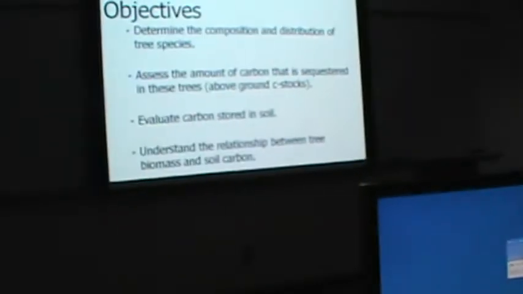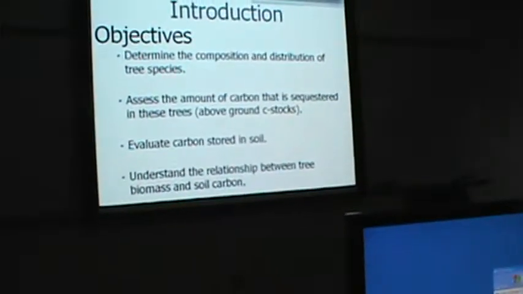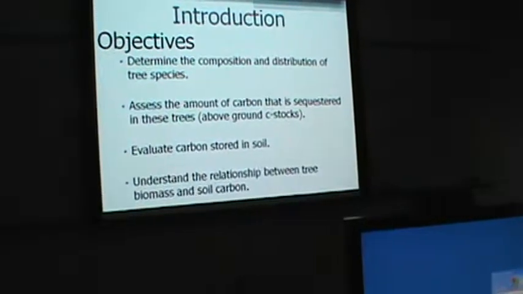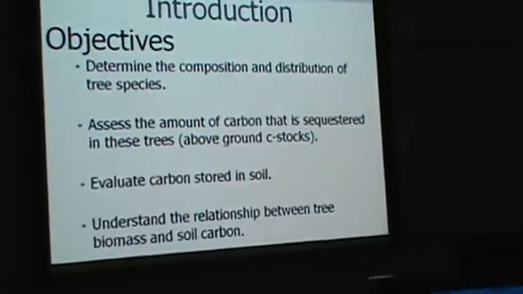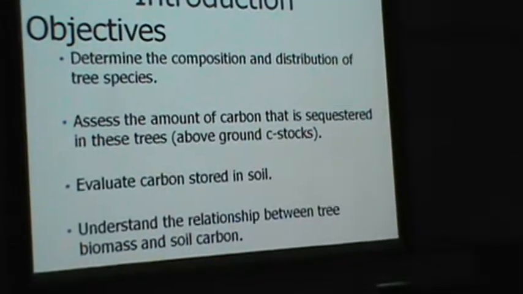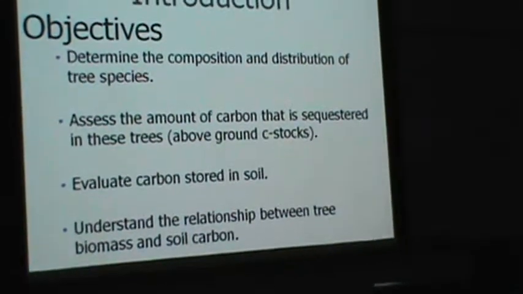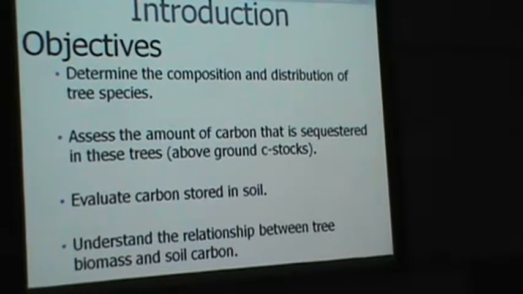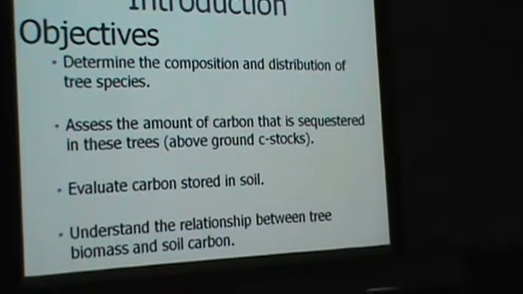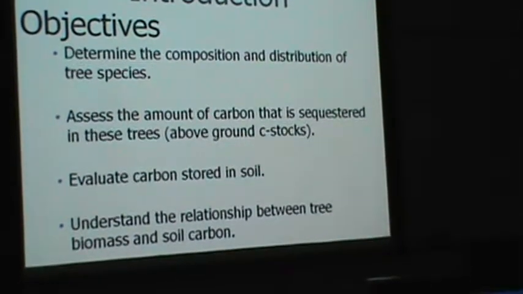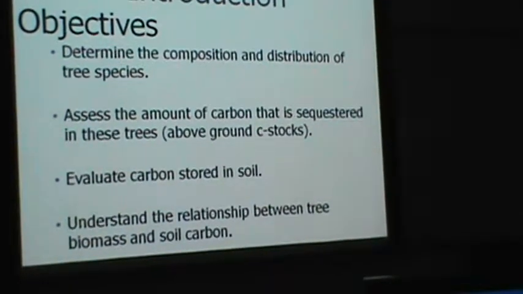The goal of this study was to understand how tree species affect soil carbon dynamics at Busby Forest of Lincoln University. Specific objectives are to determine the composition and distribution of tree species, assess the amount of carbon that is sequestered in these trees, evaluate carbon stored in the soil, and understand the relationship between tree biomass and soil carbon.